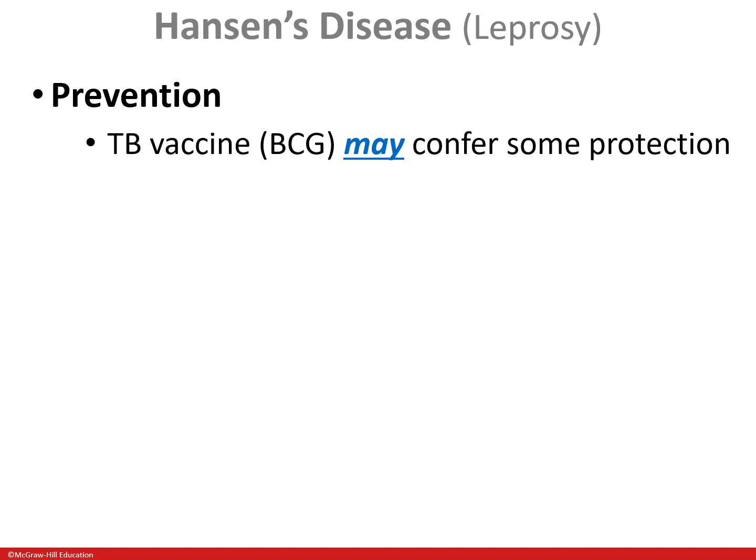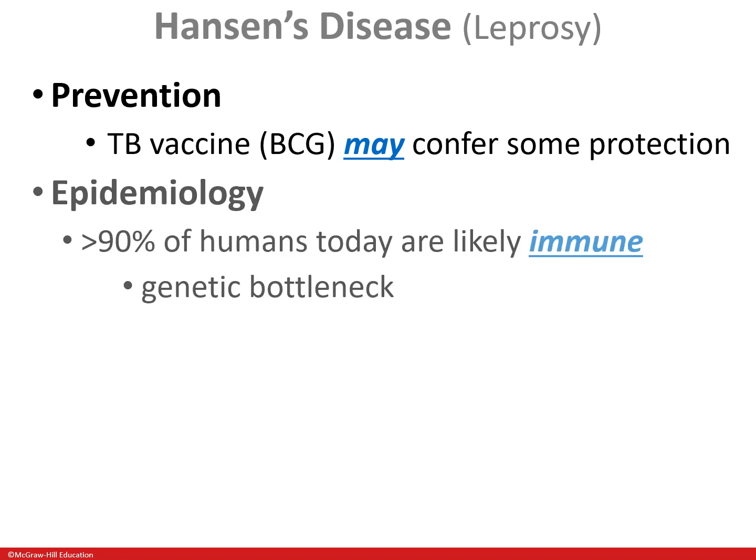While we don't vaccinate against tuberculosis all over the world, there is some evidence that because of the similarity between the two species, the BCG vaccine, which is against tuberculosis, may actually confer some protection. But it turns out that the genetic bottleneck that occurred back when the plague essentially killed a third of humans on the planet, that was also a time where leprosy was very common.